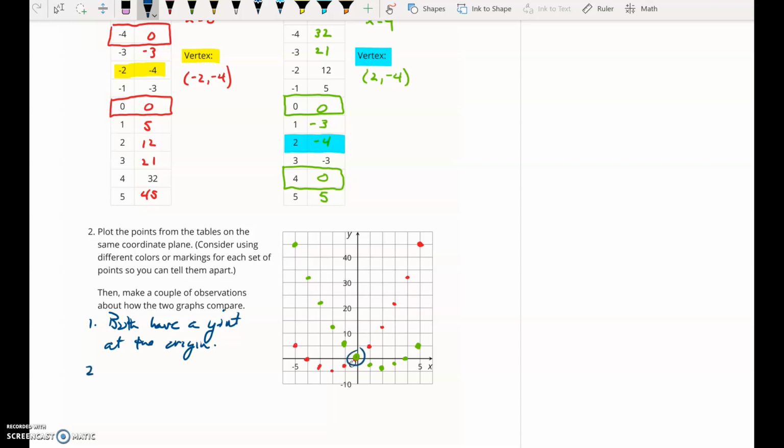The next thing I really notice is that the red graph looks like a reflection of the green graph.